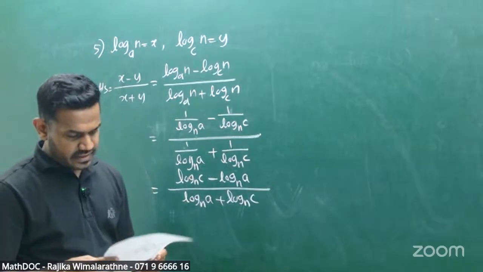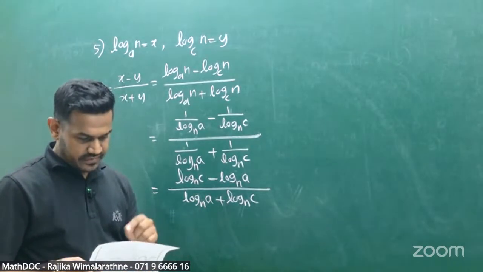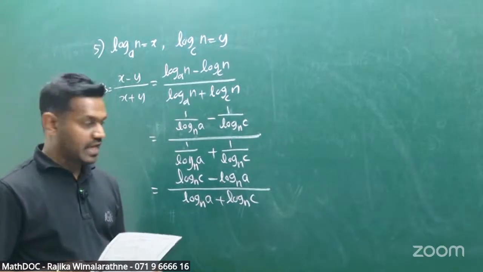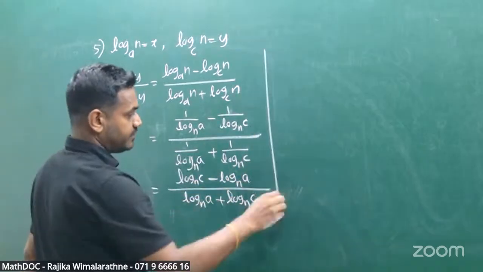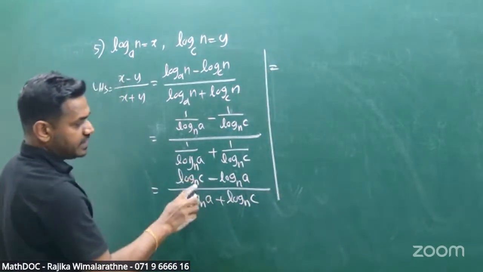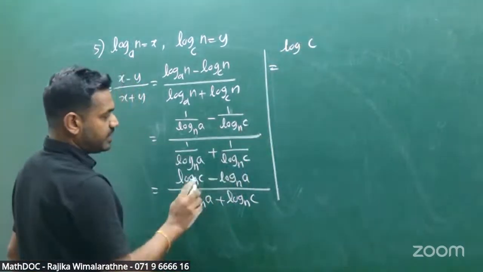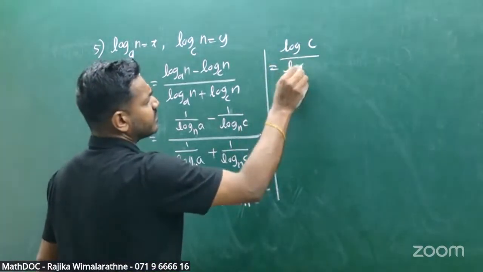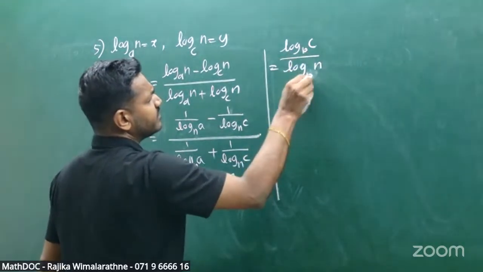But here we have no n base, no? We don't have n base, but here we have b base. Then you can write the log division: log c divided by log n. Put the common base b.